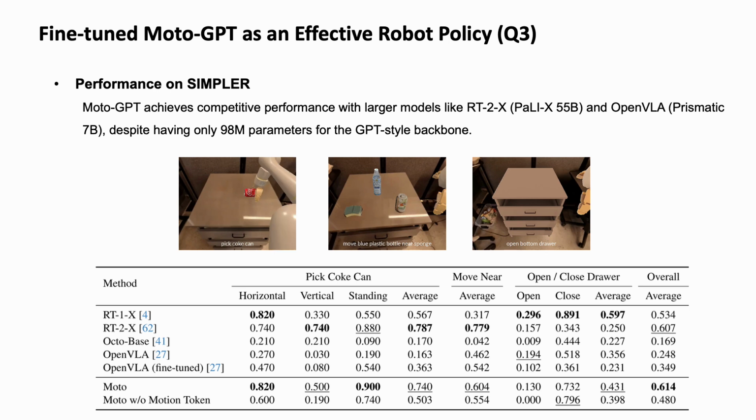For question 3, we fine-tune Moto-GPT on downstream robot manipulation benchmarks. On a simpler benchmark, Moto-GPT achieves competitive performance with larger models like RT-2-X and OpenVLA, despite it has a much smaller GPT-style backbone.